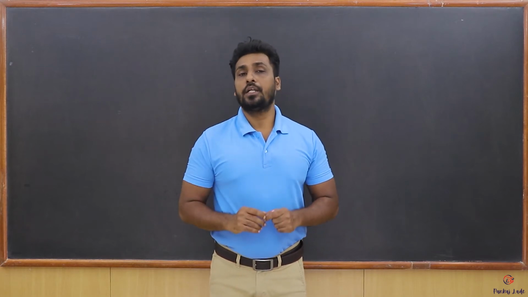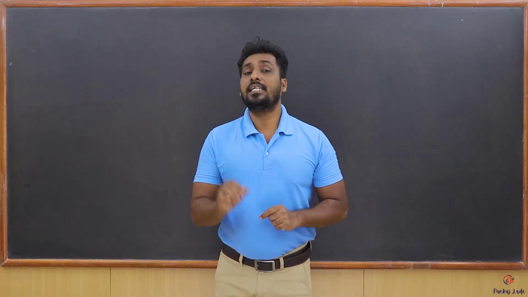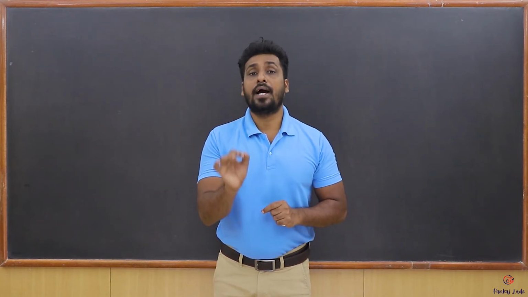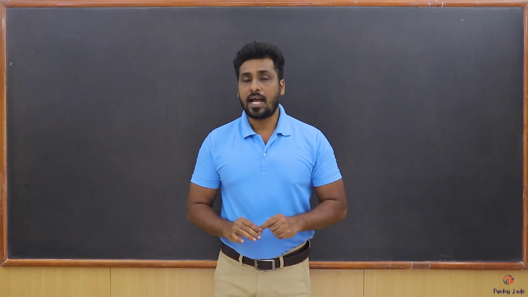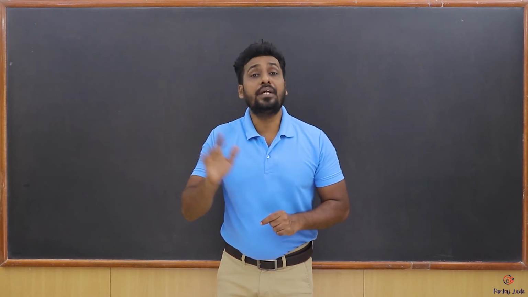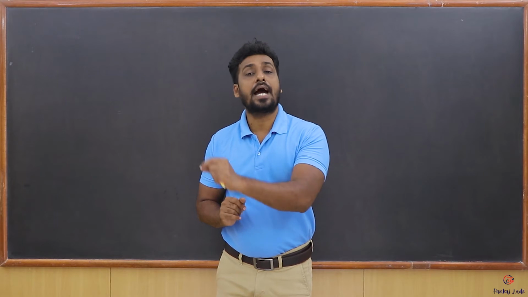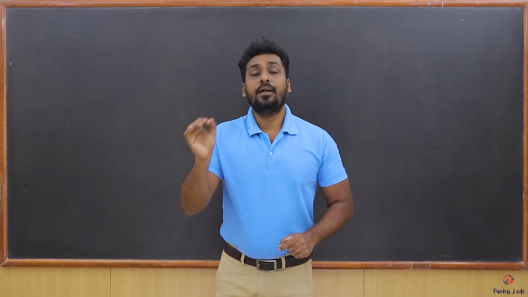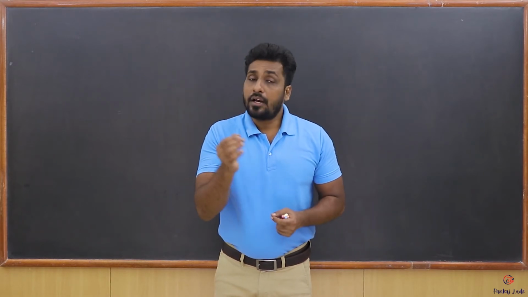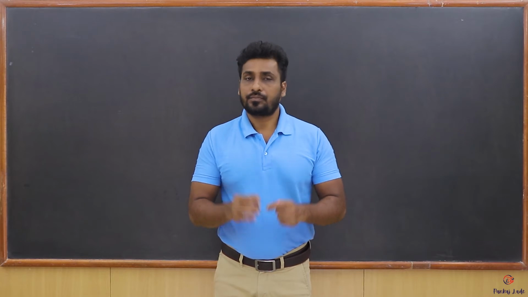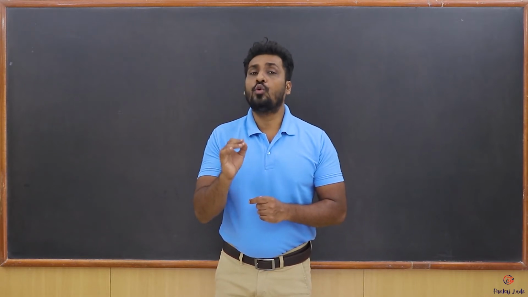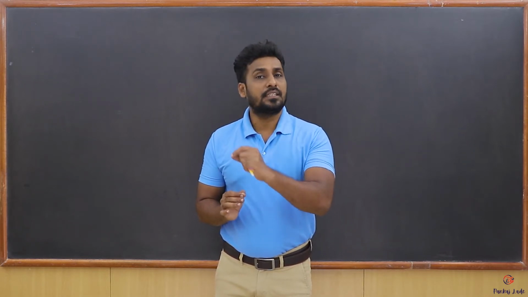Now you must be recalling that a complex number is usually denoted by z and it is given as a plus ib, isn't it? Z is equal to a plus ib, where a and b are nothing but real numbers. Students, here we are not going to represent z as a plus ib.